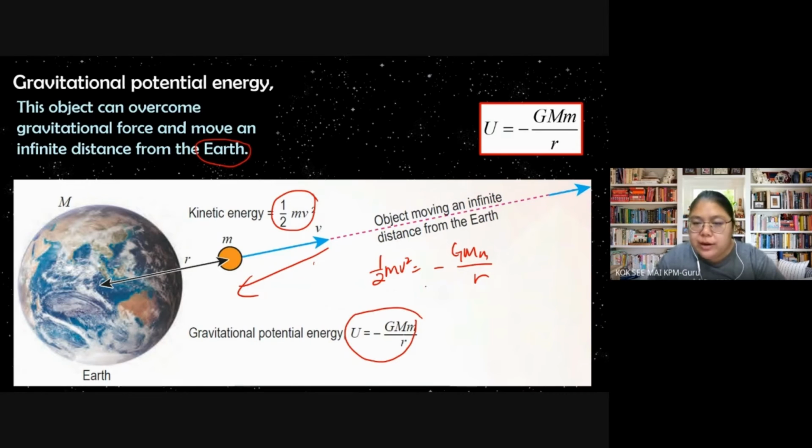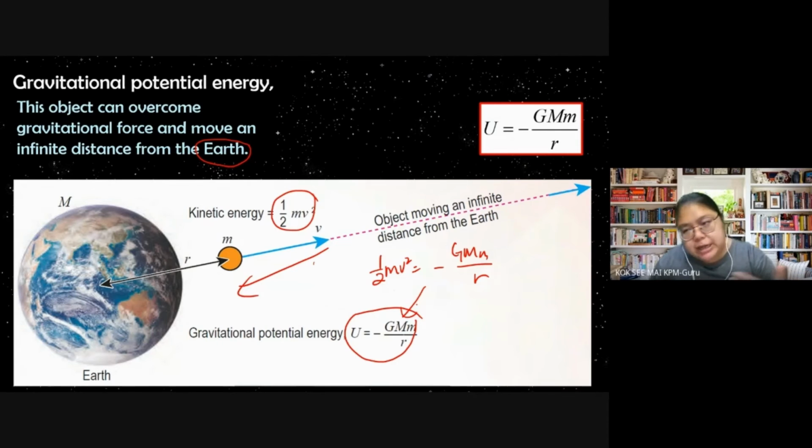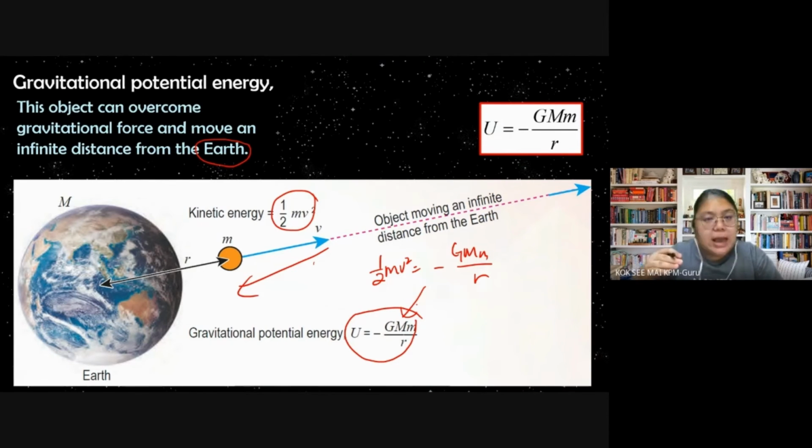If you can overcome this potential, that means you can already go to infinity. So this is the formula for the potential energy for any object you want to send to space. You must overcome the gravitational potential energy. Remember the negative is because of the opposite direction; they pull in the opposite direction, so we put the negative for the gravitational potential energy.